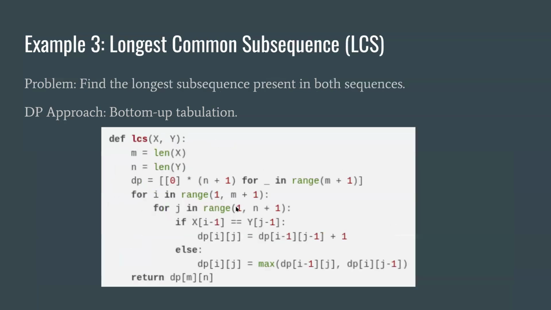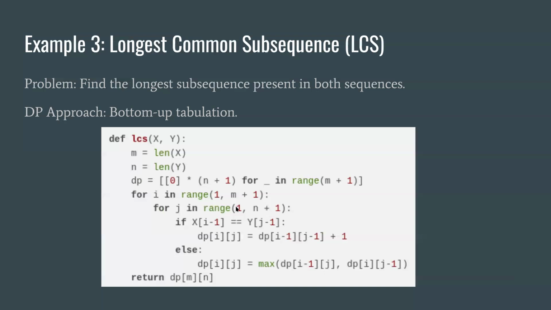Example 3, longest common sequence problem. The task is to find the length of the longest subsequence present in both given sequences. Using dynamic programming, we can also use a bottom-up tabulation approach.